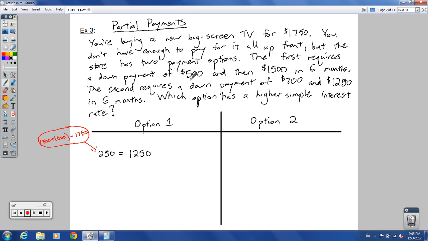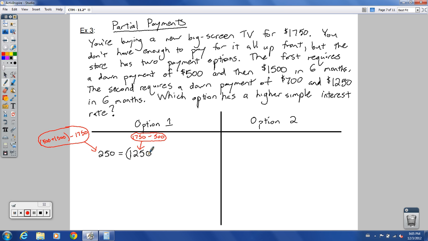You gave a down payment of $500, so the principal, the loan that you're taking out, is $1,250, plus the $250 interest that you have to pay back in addition to that. So this number comes from that idea. It's the amount the TV originally cost minus the $500 down payment. So that is your principal in option 1.